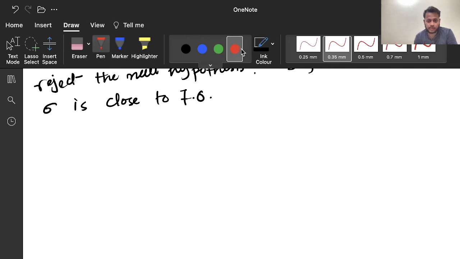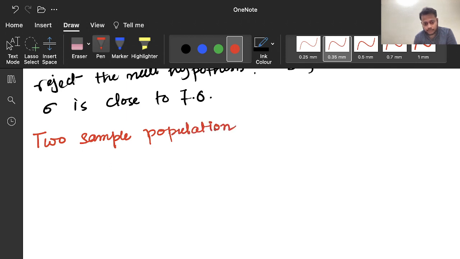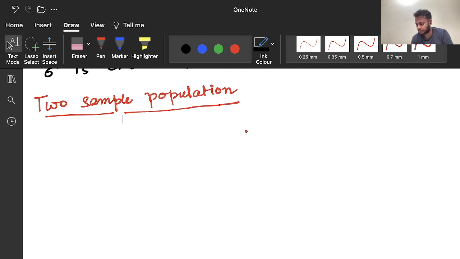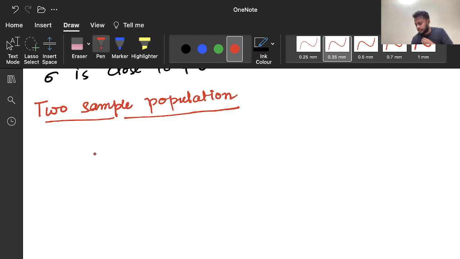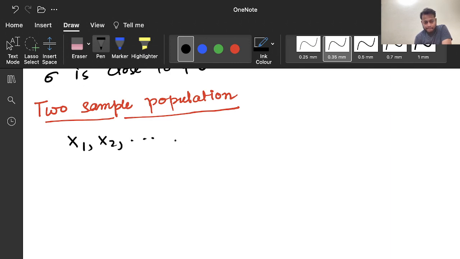Here the two samples are x1, x2, ..., xm and y1, y2, ..., yn.